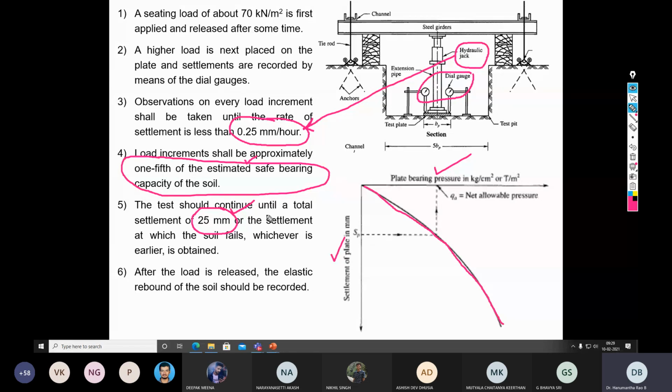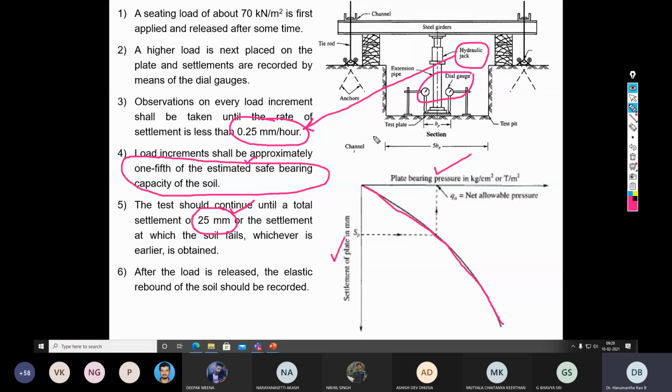Or alternatively, suppose you are planning for a combined footing or a mat foundation, then your settlement value will be different, maybe 50 millimeter or maybe 75 millimeter. That means you need to impose the load until you achieve the 50 or 75 millimeter of settlement. Now alternatively, sometimes even before accomplishing the desired settlement of 25 millimeter, the soil fails under shearing condition.